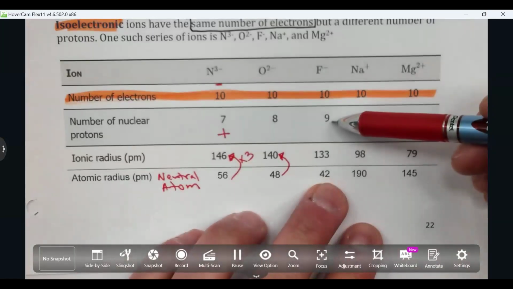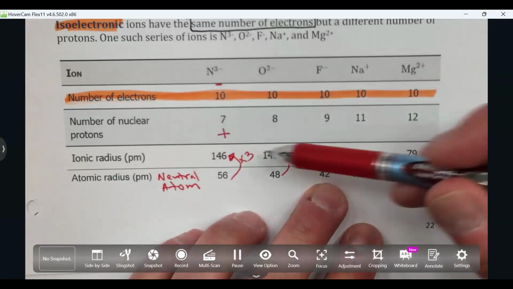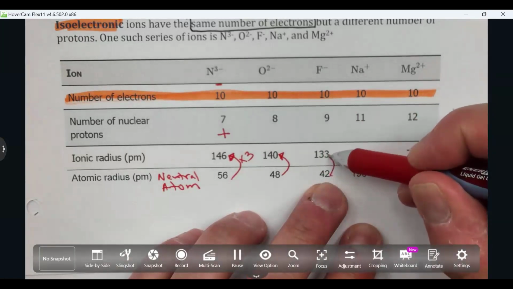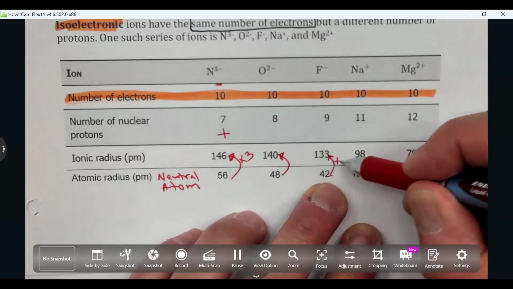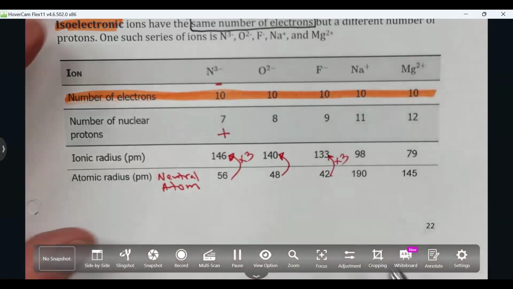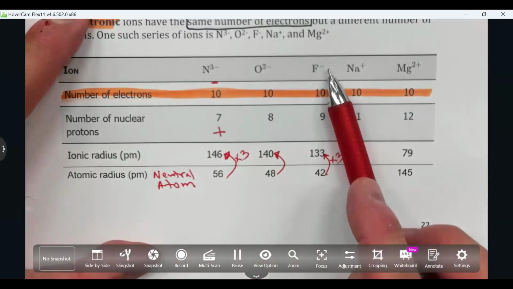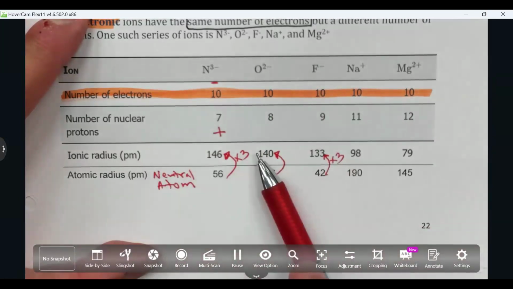Then if you have 9 protons pulling in 10 electrons, you can pull it in a little bit tighter. You're down to 133. Again, this is about times 3 here. So notice when you go from a neutral atom to a negative ion, it's almost triple the radius.